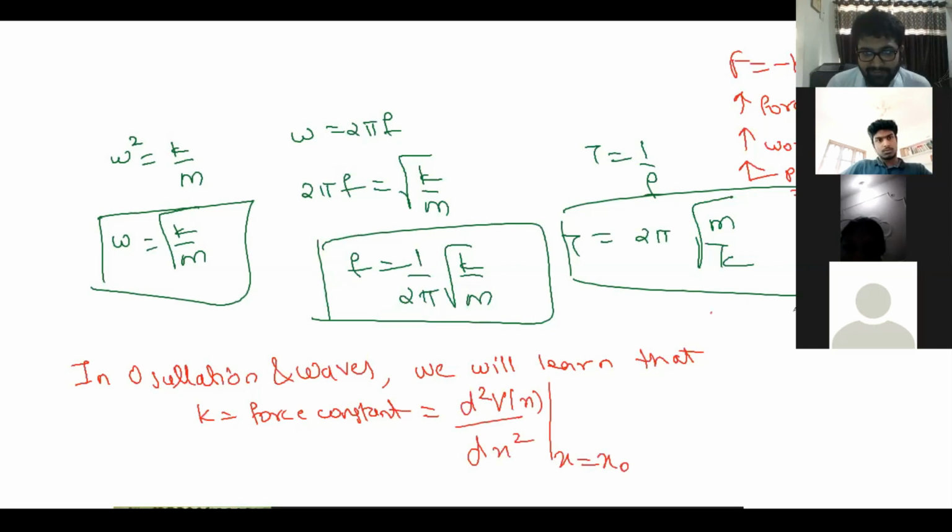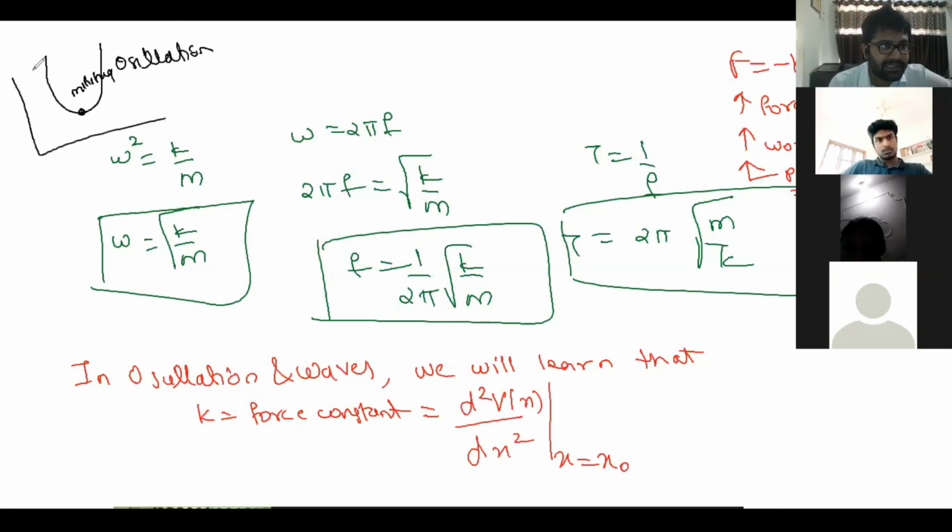Basically, there will be a minima. Let me explain nicely. Don't take it heavily. There will be oscillation, and if there is oscillation, we will have minima. Let us say this is potential energy and this is X. So this point is X naught, and this is your V of X.